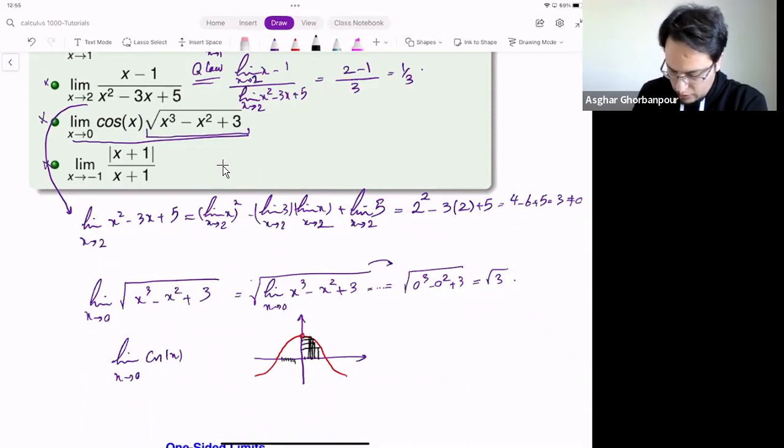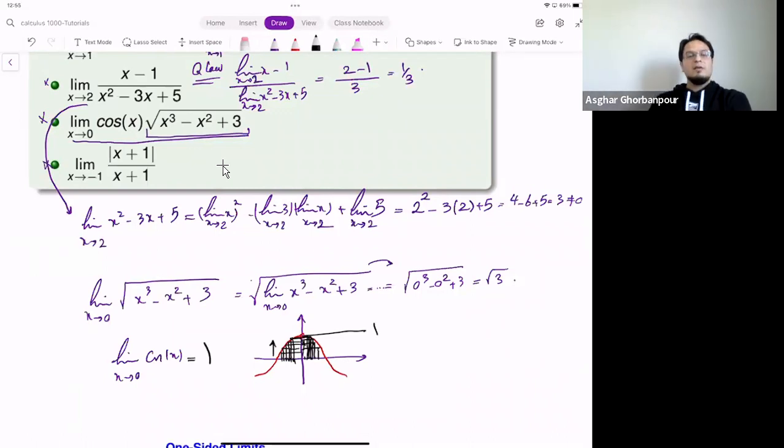As we get closer, from both sides, the values of y get closer to 1. So this is actually 1.